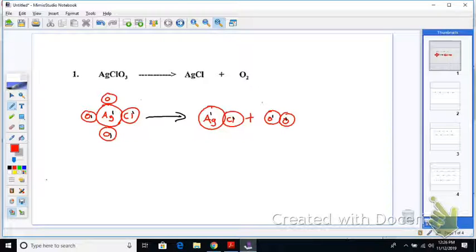Which one? Oxygen. Okay, so buddy said oxygen. So we'll draw another oxygen here. Okay, so it takes care of this one here. All right. But now on the right side we got an extra oxygen. So you add one more to the other side. But we have to draw it exactly like this one's drawn.